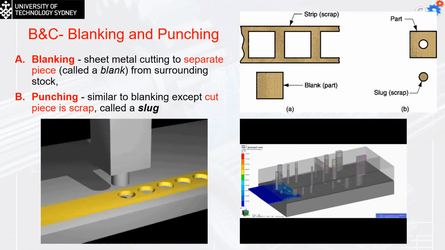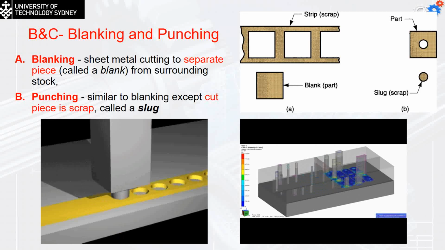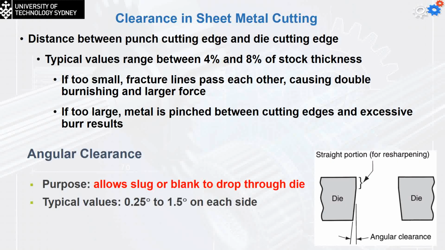The clearance in sheet metal is very important. I should have a clearance to prevent excessive forces. I put this part because there was a question about the clearance in sheet metal cutting. The distance between the punch cutting edge and the die cutting edge is very important. Usually the value is in the range of 4% to 8% of the stock thickness.